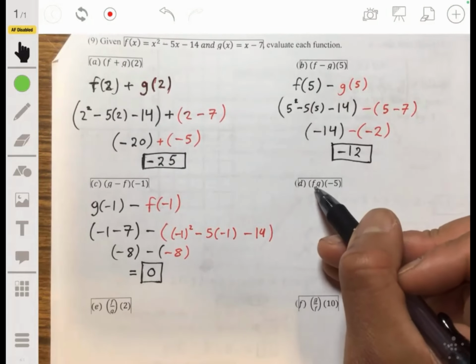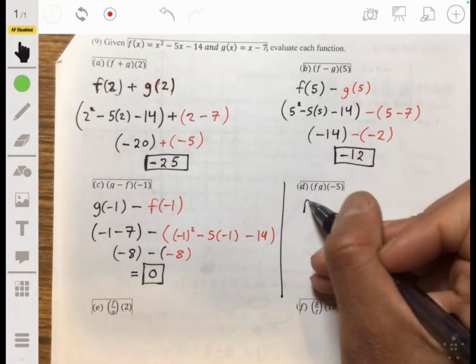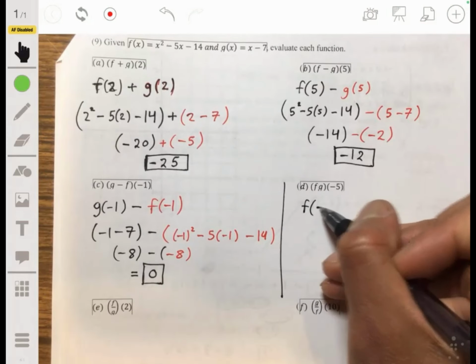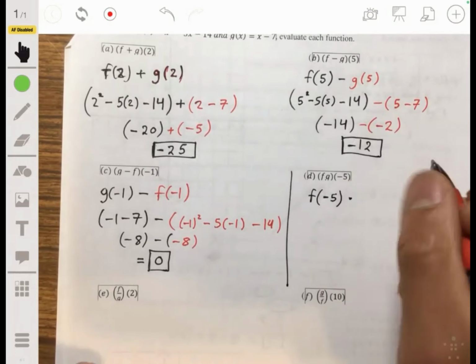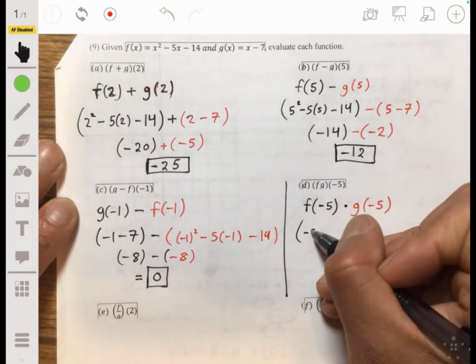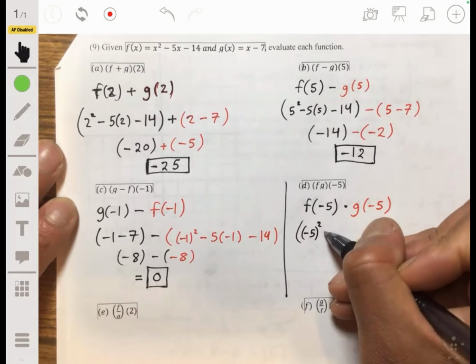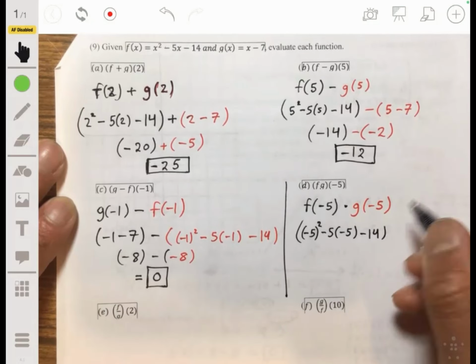Right, problem D, we have fg of negative 5. This is just multiplying f of negative 5 by g of negative 5. So let's find what f of negative 5 is. So plug in negative 5 into there. We get negative 5 squared minus 5 times negative 5 minus 14.